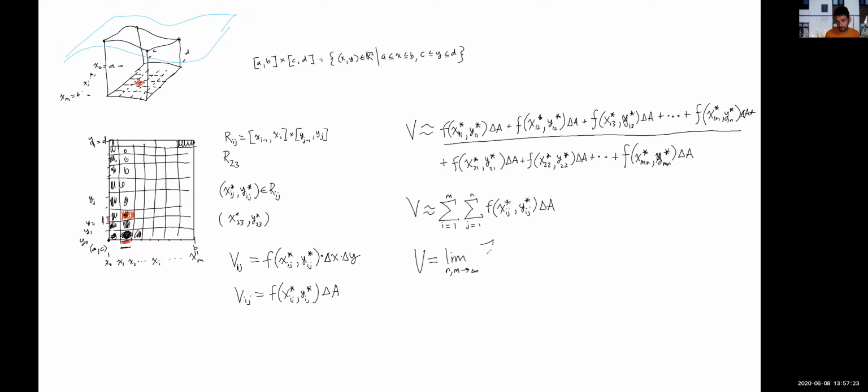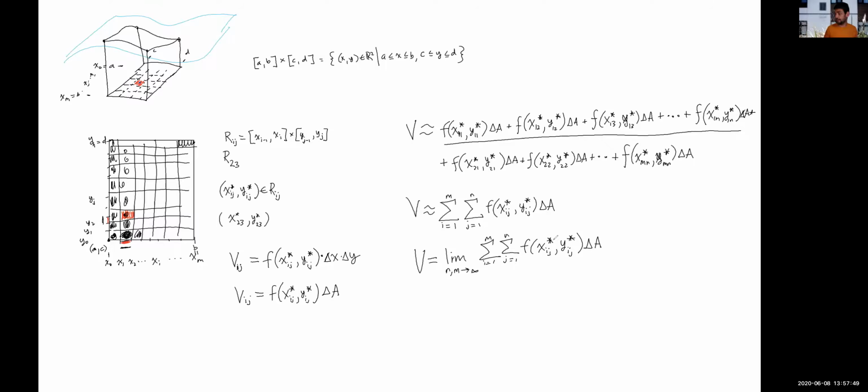Then we take this limit, i equals 1 to m, j equals 1 to n, f of x i,j star, y i,j star, delta A, okay? If that limit exists, this is the volume, okay?